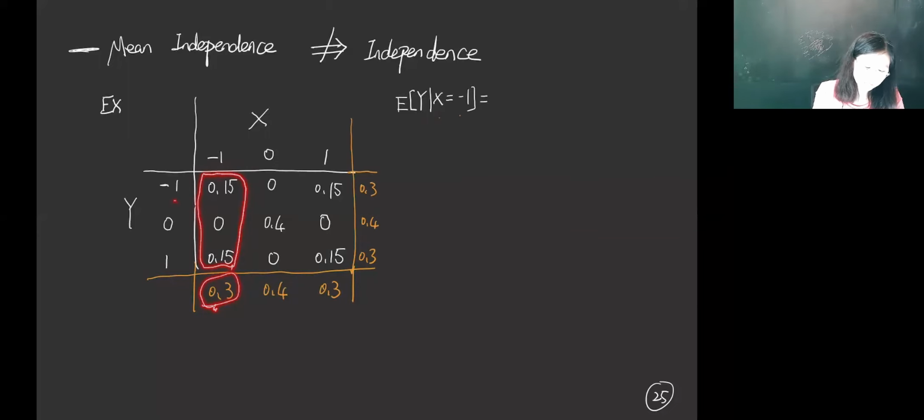For the value -1, it has weight 0.15 divided by 0.3. For the value 0, it has weight 0 divided by 0.3. And for the value 1, we have also 0.15 divided by 0.3.